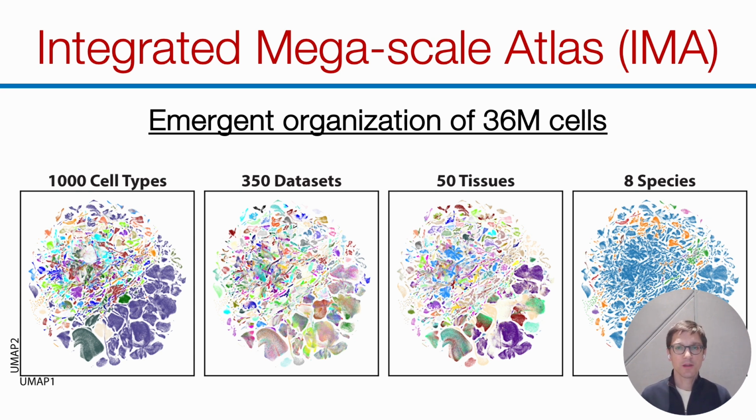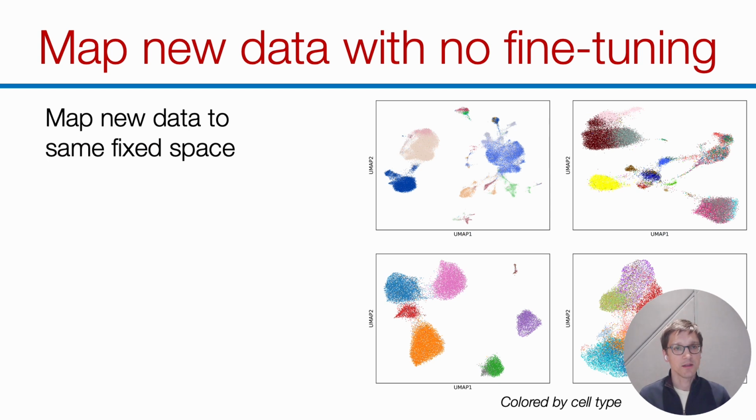And here you see on the left the structure of the space with the different cell types color-coded on top with different data sets, different tissues, as well as different species. What you notice is that the clusters are very tight, nicely integrated with each other. It's not that one species would be in one part of the space, but the rest of the species would be in the other part of the space. Everything is nicely mixed because different species can have similar or same cell types. That's the interesting thing here.